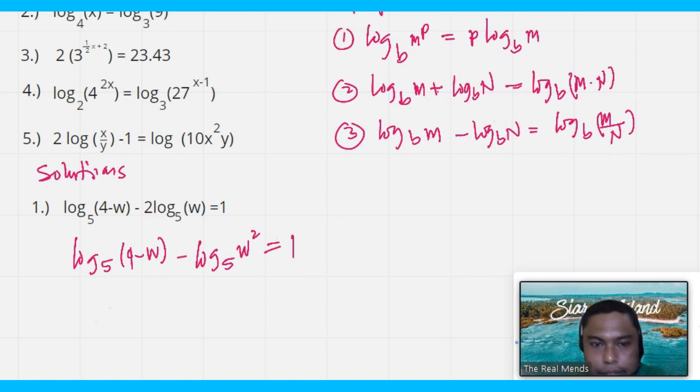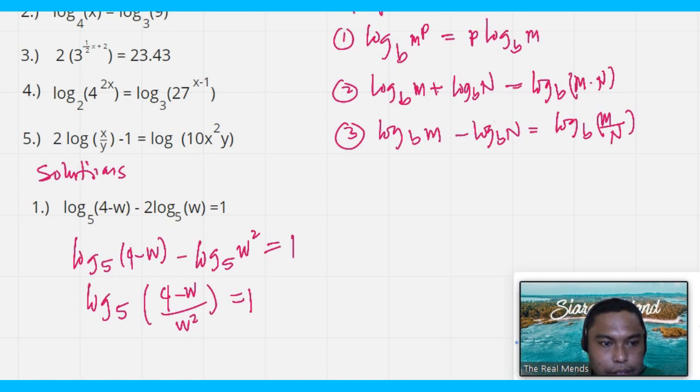So this will be log base 5 of (4 minus w) over w squared is equal to 1.